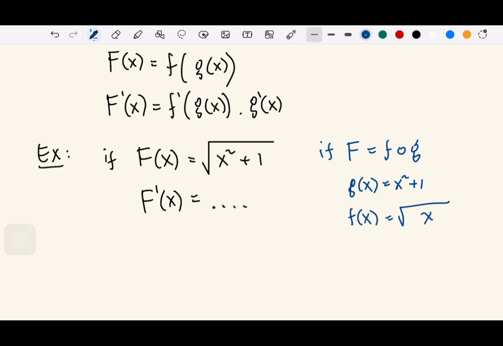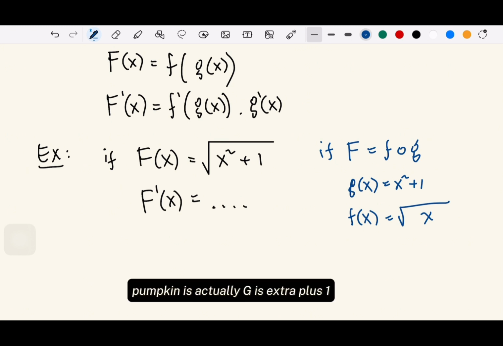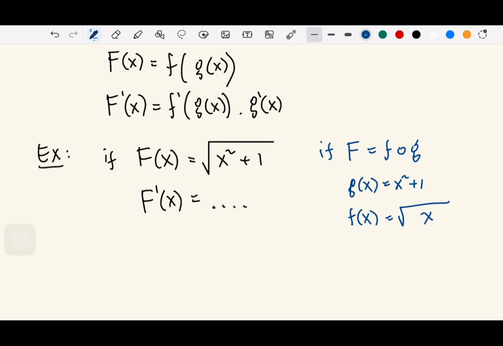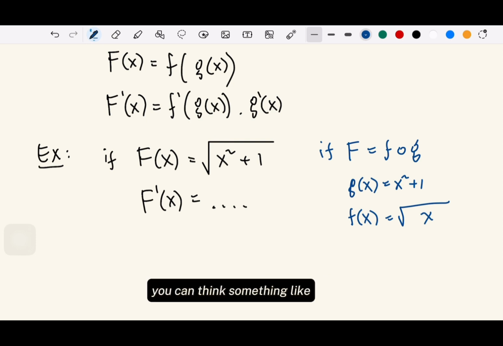We could see that g is x squared plus 1, and we put it inside the square root. You could think of it as the outside function, which is the square root of x, and the inside function, which is x squared plus 1.